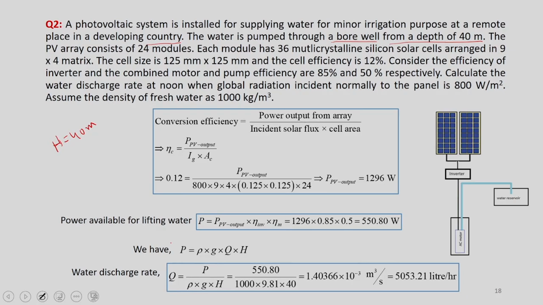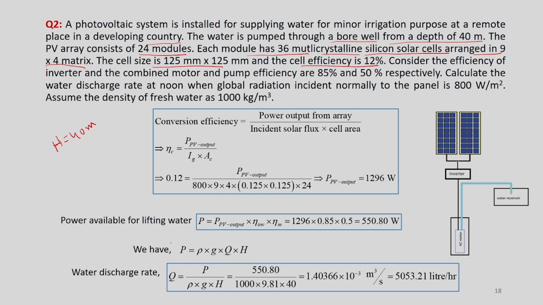The PV array consists of 24 modules, and each module has 36 multicrystalline silicon solar cells arranged in a 9 by 4 matrix. The cell size is also given as 125 mm by 125 mm, and the cell efficiency is 12%.